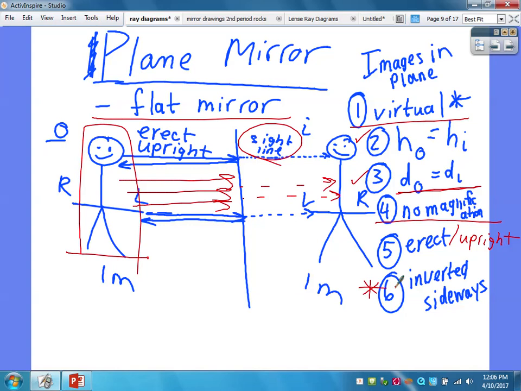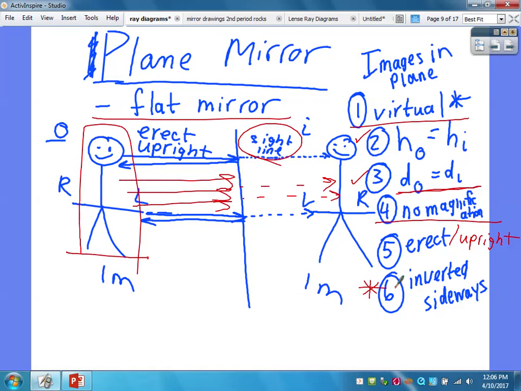Left and right is opposite. If you move your left leg, your image will appear to move their right leg. In class, I usually play the mirror game where I get people to stand up with a partner, and basically one person moves, the other one tries to mimic them. If they're standing right in front of each other, obviously as one moves their right hand, the other one will move their left hand. That's what we mean by inverted sideways.